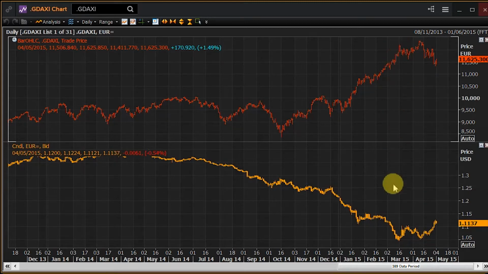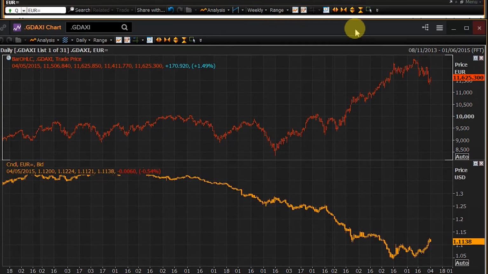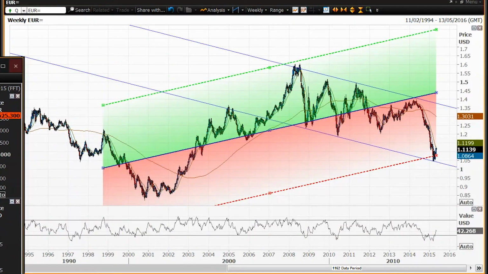So if you just correspond these levels, when we've had this move up in the euro, the DAX took a couple more days and then followed suit. So really important: could the Euro USD replace the Japanese yen as a barometer for risk-on and risk-off flows? It's just an idea and something worth keeping an eye on going forward.